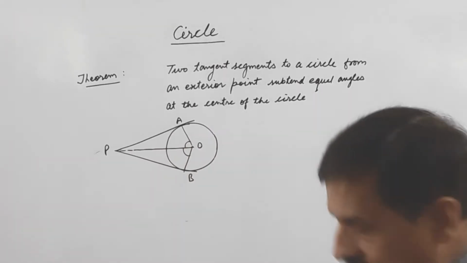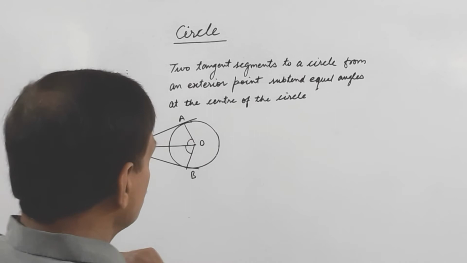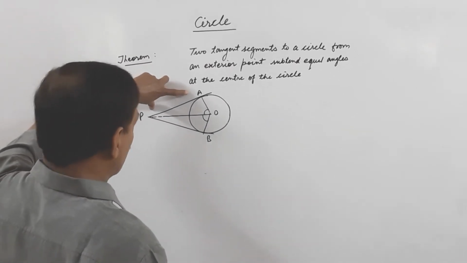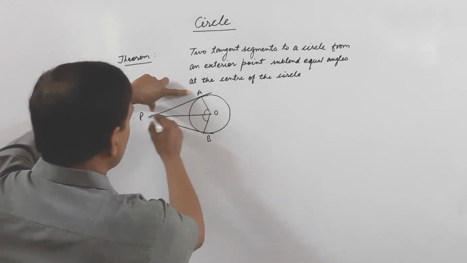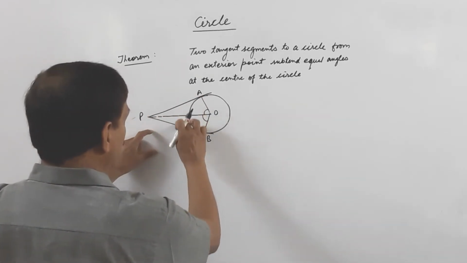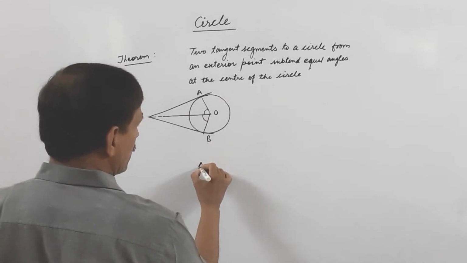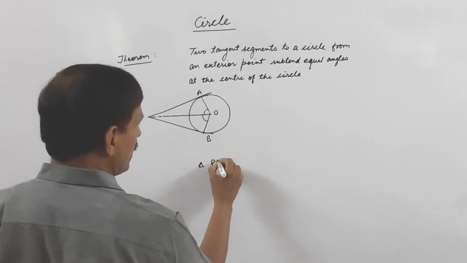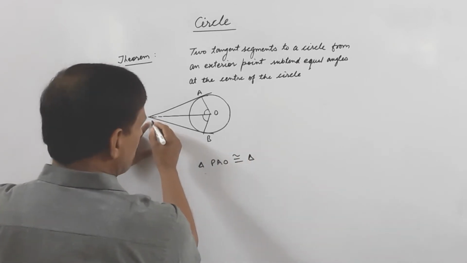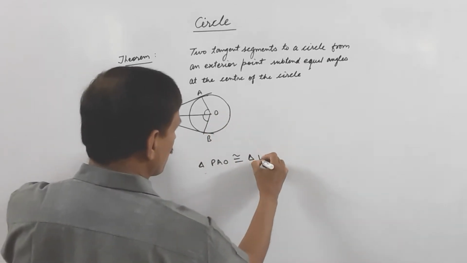In the previous theorem, we had proved that PA is equal to PB by proving the two triangles to be congruent, triangle PAO congruent to triangle PBO.